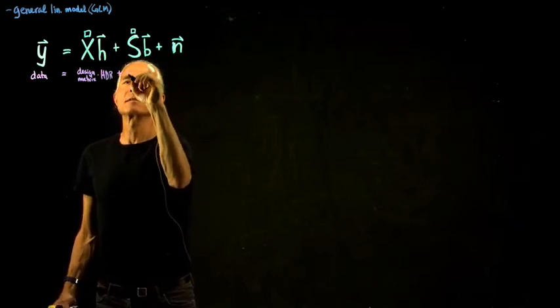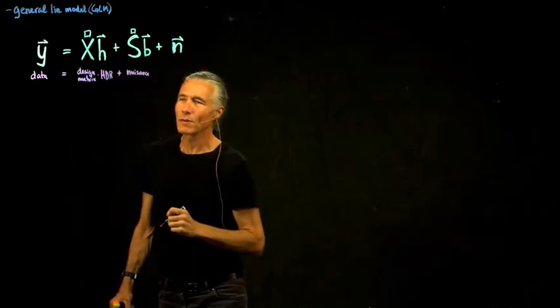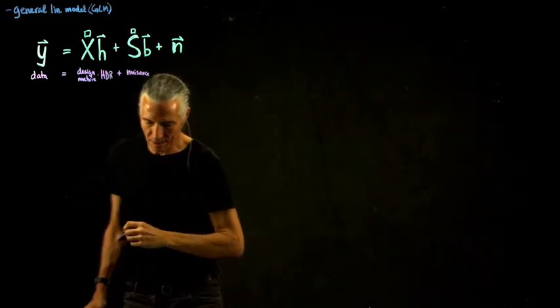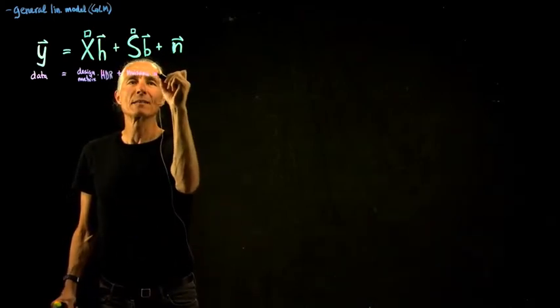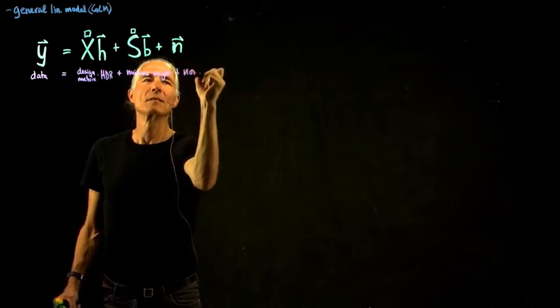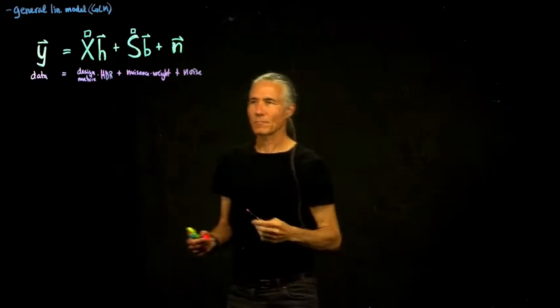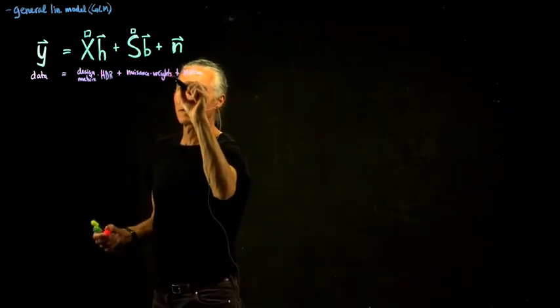Plus nuisance. So these are things that actually affected the response, but we're not interested in. So nuisance times weights, plus noise. So that's our general linear model.